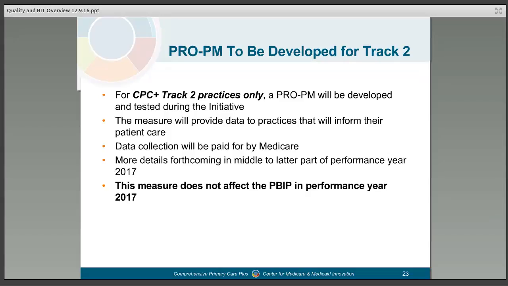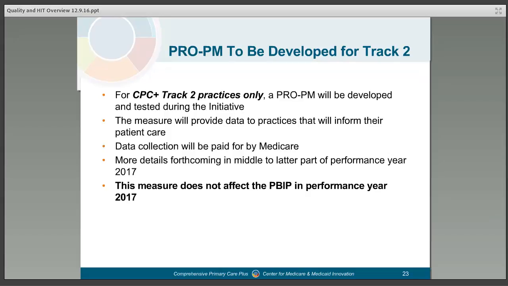And again, we'll be working with you in the coming years on this effort, and you will hear more details on how this will proceed moving forward. In fact, we're likely to ask for your input, maybe a sampling of practices we'll work with, and gather some input on what these measures should be.